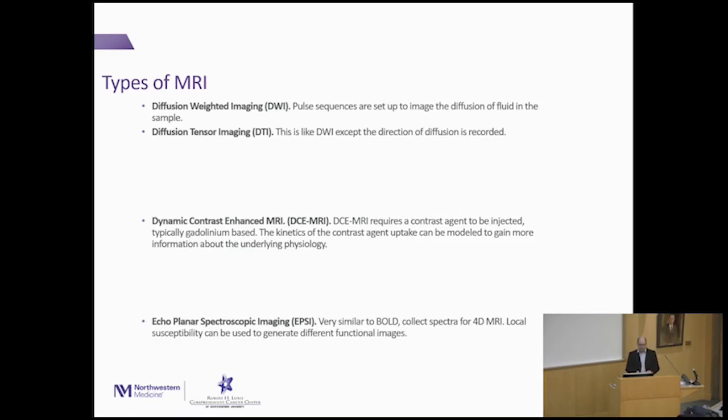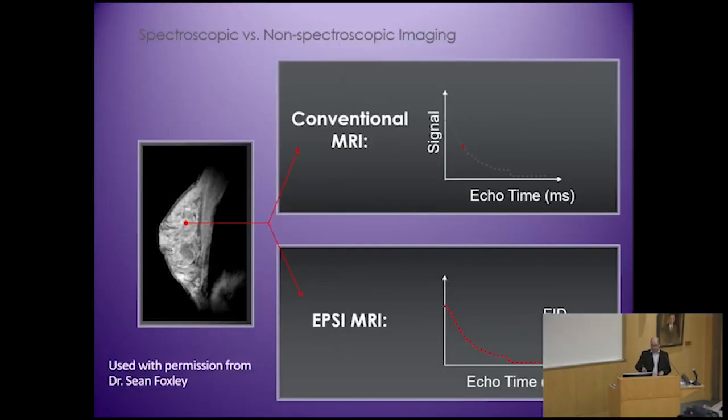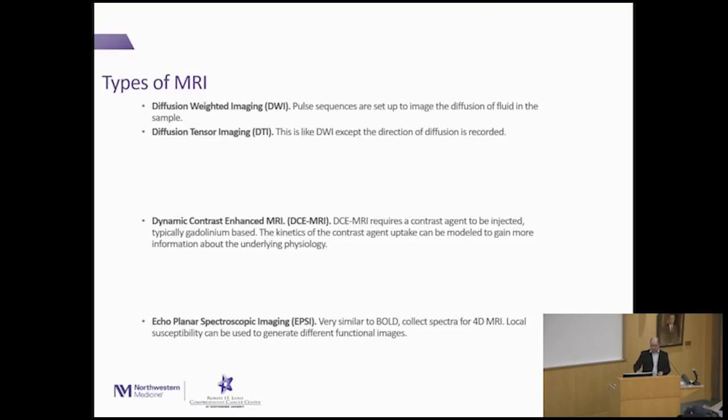And the last example is echoplanar spectroscopic imaging, or EPSI. It's very similar to BOLD MRI. So a lot of times when you hear fMRI, they really mean BOLD MRI. fMRI stands for functional MRI, and it's misleading because all of these examples here are functional MRI.